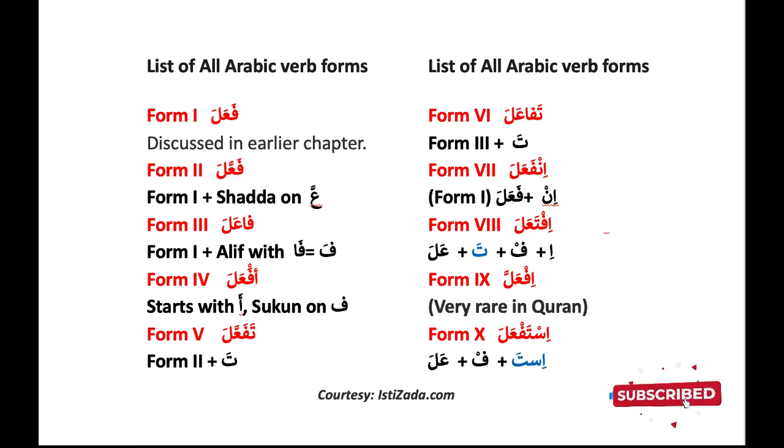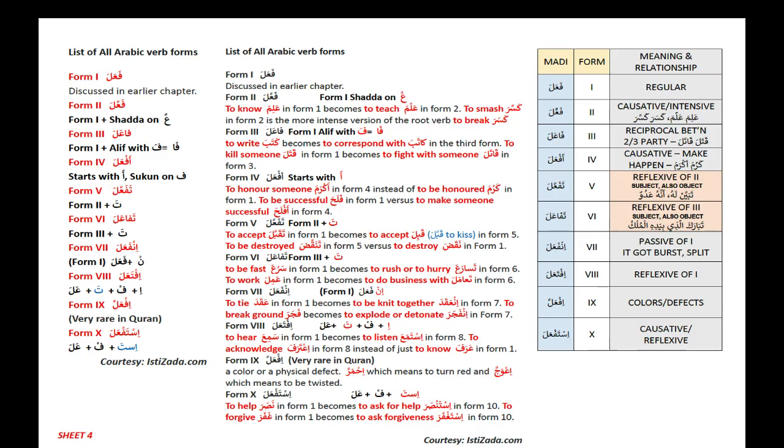Ghafara has become istaghfara. But the root pattern of form 10 is istaf'ala. As we told you in the beginning, all the verbs are recognized, transformed based on the root structure, which is fa'ala. Alhamdulillah.